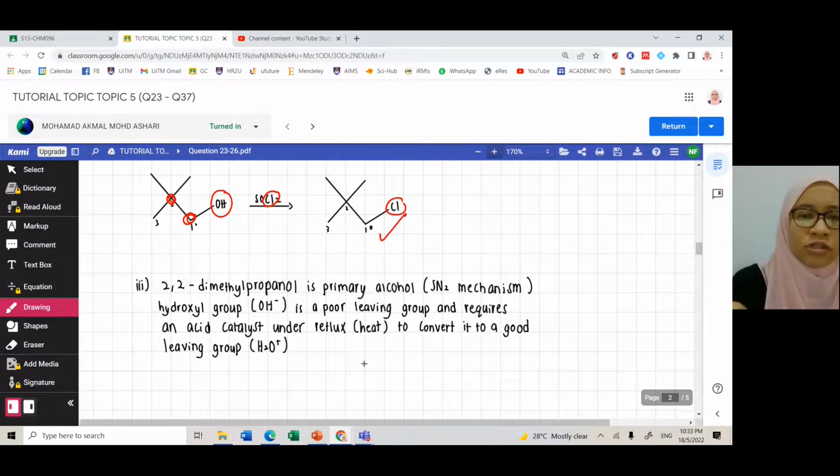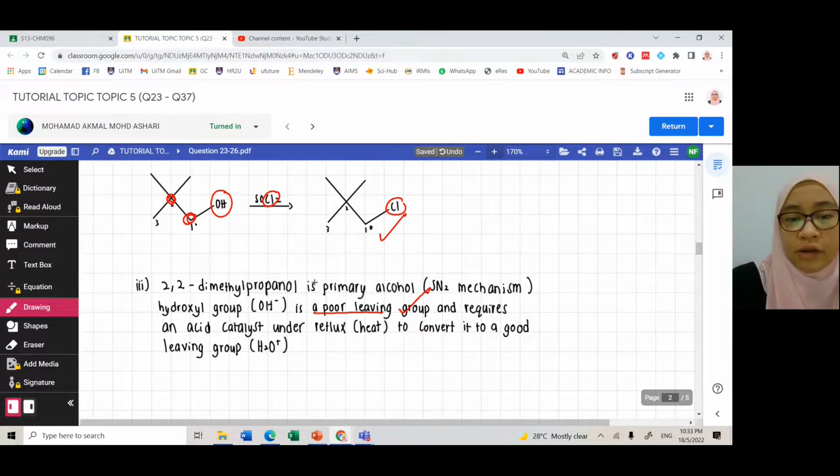We have a lot of halogen, so this will create an environment that could increase the rate of the removal of the hydroxyl group from the molecule. So it's a poor leaving group. All right.